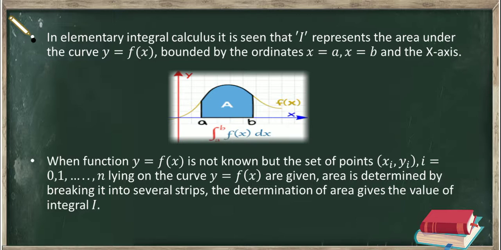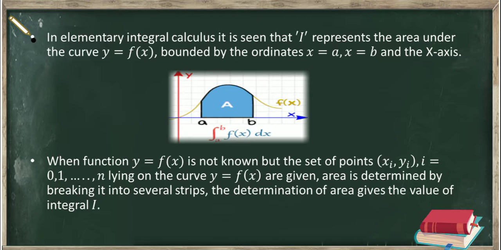In elementary integral calculus, it is seen that I represents the area under the curve y is equal to f of x bounded by the ordinates x is equal to a, x is equal to b and the x-axis.